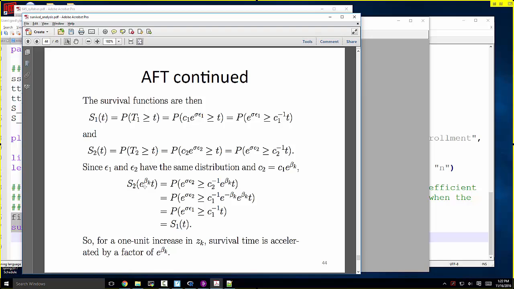E to the beta k is the acceleration factor. So an AFT model says that the survival times for two comparison groups are the same, except that one of them has accelerated times. And the beta coefficients, or e to the beta coefficients, tell us what those acceleration factors are.